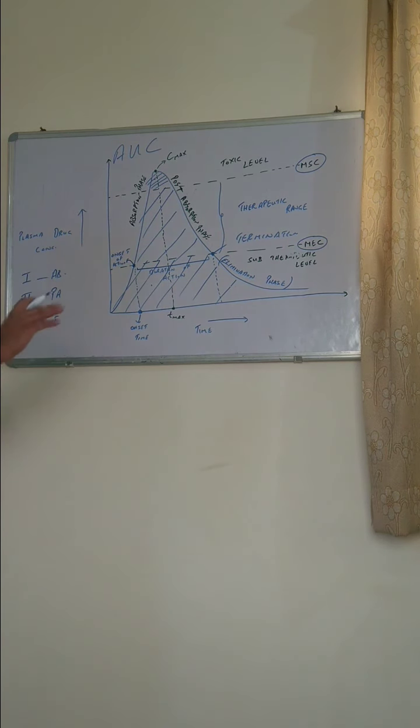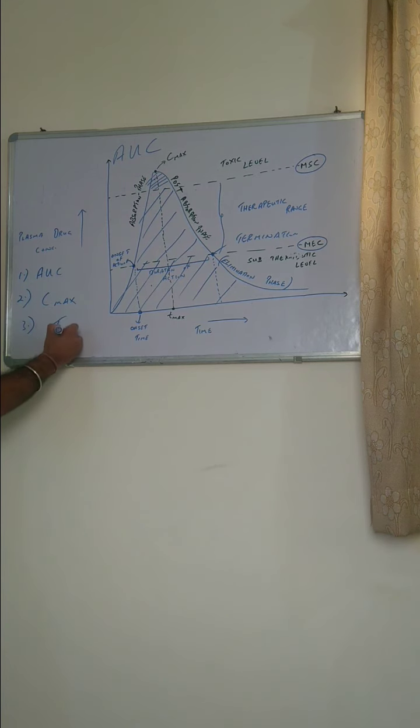Now, there are three basic parameters which we must understand. The three most important pharmacokinetic parameters are AUC, second is Cmax, and third is Tmax. These are the three pharmacokinetic parameters for any given drug which can be determined using this graph.